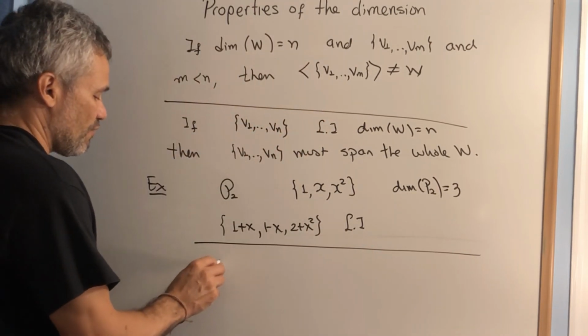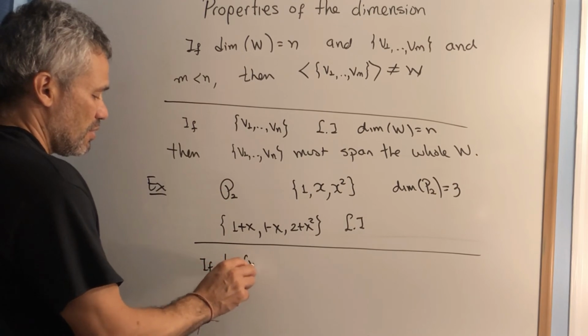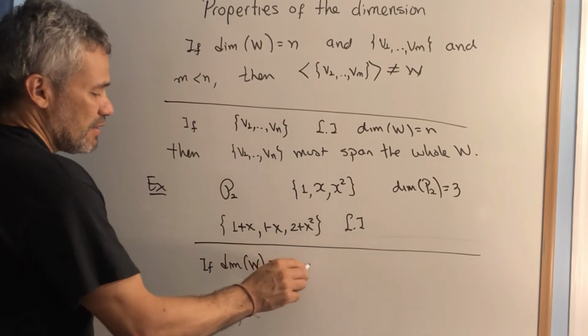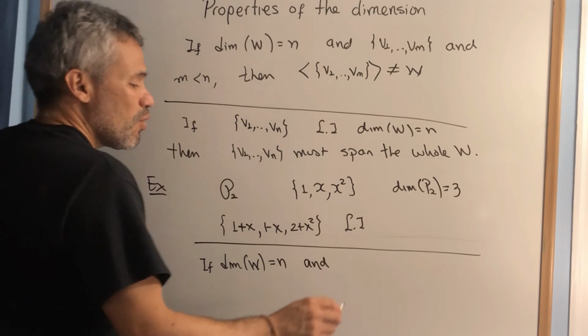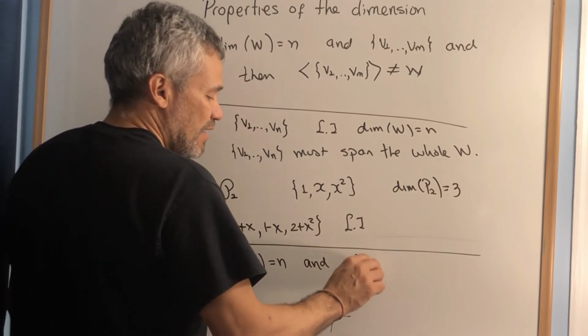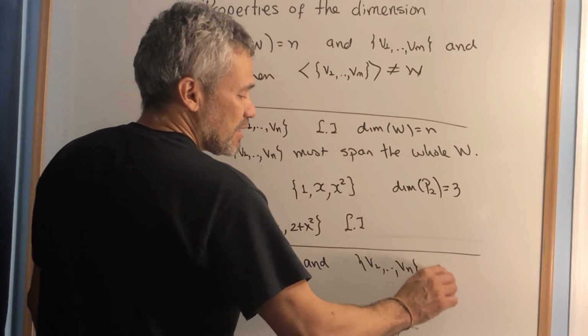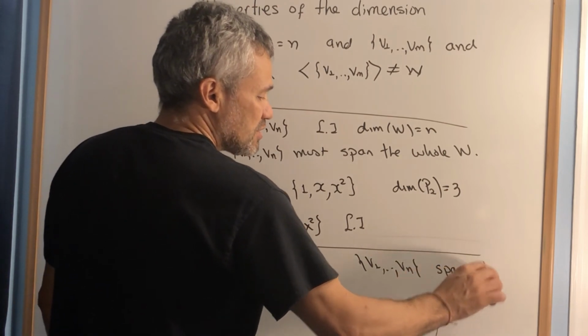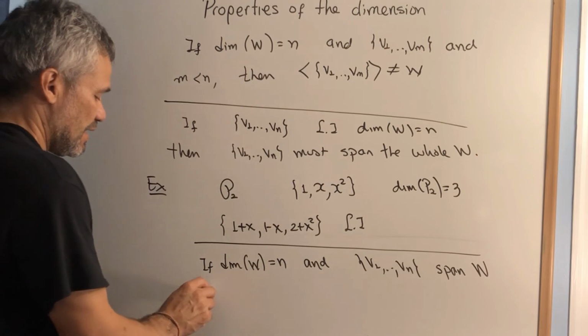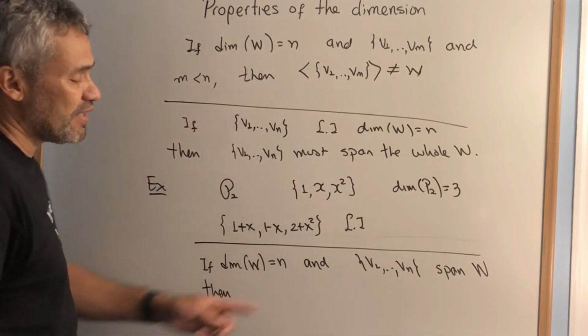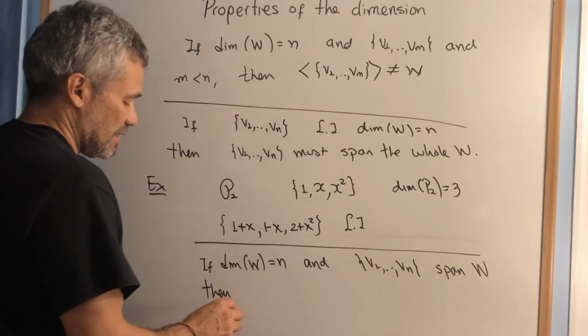We also have that if the dimension of W is n, and somehow we have n vectors that span the whole vector space, then these vectors must be linearly independent.